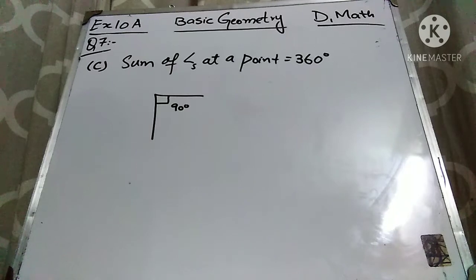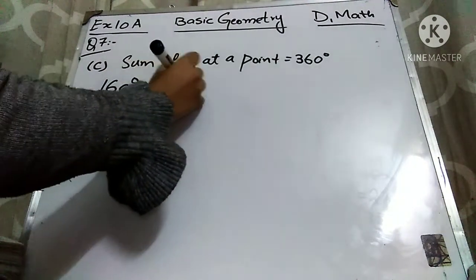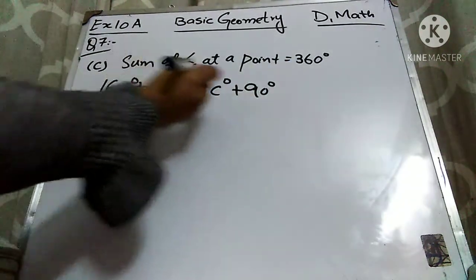So the other three angles are 4C, 16C, 4C and the fourth angle is of 90 degrees. I will also add 90 degrees. So the sum of angles at a point is equal to 360 degrees. So the angles are 16, 4 and 4, and the fourth angle is of 90 degrees, which is a right angle.